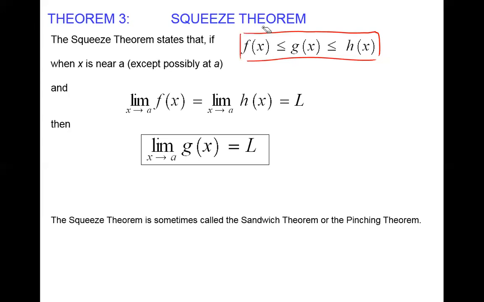That means if the limit of f of x is exactly the same as the limit of h of x, then the limit of the middle function is forced to be the same, because it's squeezed between these two functions. We call it the squeeze theorem, or sandwich theorem, or pinching theorem. I think calculus textbooks most likely use the name squeeze theorem.